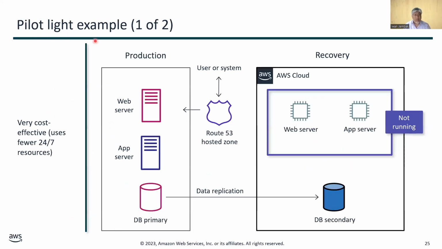Now the pilot light example here is very cost effective. It uses fewer 24/7 resources. So what you can do is use the Route 53 hosted zone, and have the data replicated from your primary database to your secondary, or the standby one.